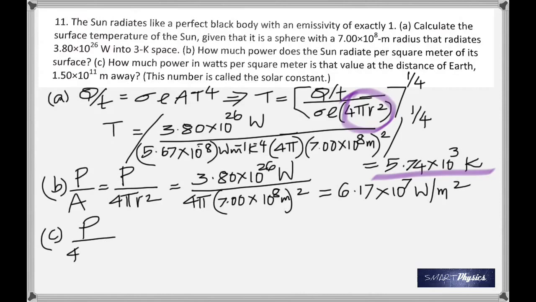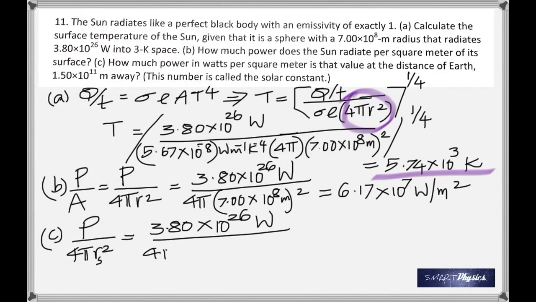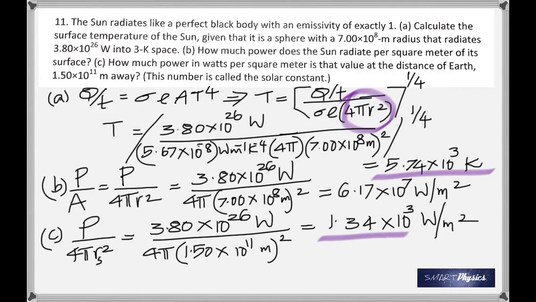And therefore all of the energy radiated by the sun falls on the entire area, which is 3.80 times 10 to the 26, divided by 4 pi times the distance squared. So now it's 1.50 times 10 to the 11 squared. That gives 1.34 times 10 to the 3 watt per meter squared. And by the by, this is called the solar constant.